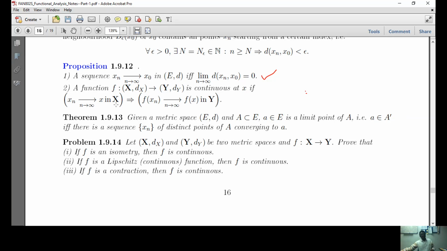If I want to show that it's continuous at an arbitrary point, let's say x, if I can show that for any sequence xn converging to x in X, f of xn will converge to f of x in Y, then I will conclude that my function f is continuous. Right? So this is a good result. This is what we call sequential continuity.